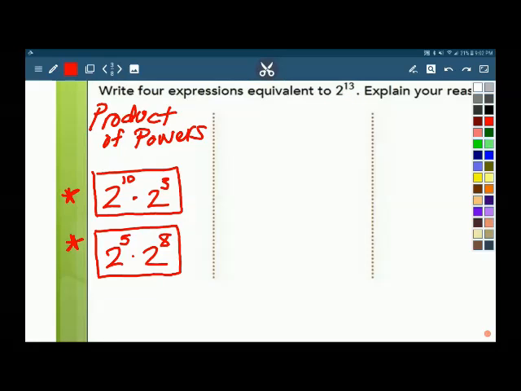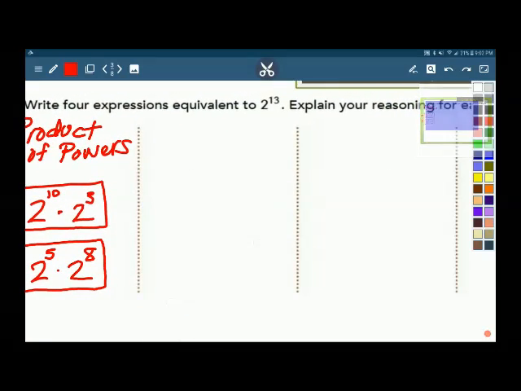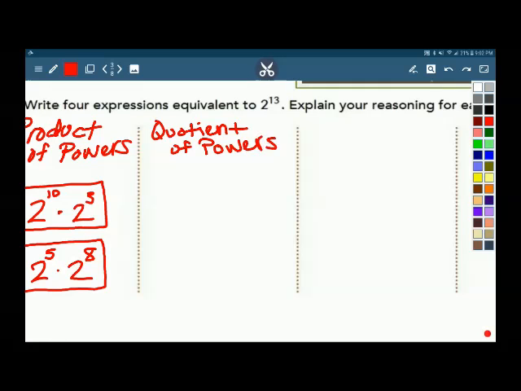Okay, but we don't just have to use the product of powers. We can use the quotient of powers, which said when we divide the 2 bases, so 2 over 2, we would subtract the exponents. So if maybe we did something like 2 to the 16th over 2 to the 3rd, because 16 minus 3 is 13, which would generate 2 to the 13th power.